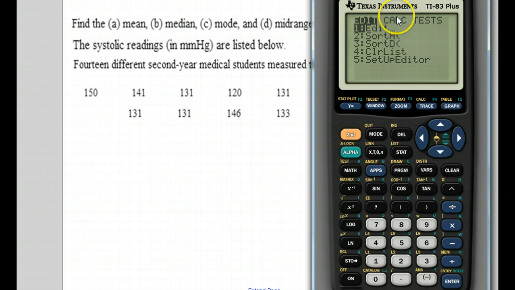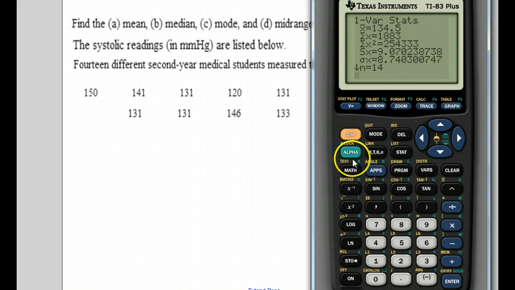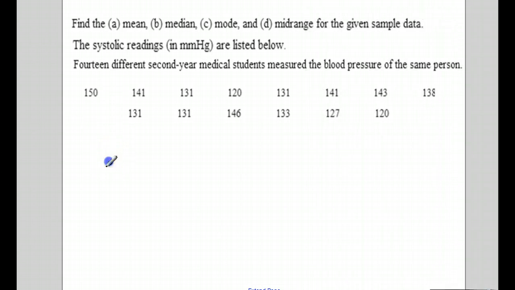Alright, and then over here one space is calculate, and we're going to calculate the one variable statistics. So the one variable stats, you hit enter. Now you can hit second L1, second L2, second L3 to tell it which list your data is in, but if your data is in list 1, you just hit enter there. Alright, so the sample mean, according to this, the mean of this sample was 134.5.